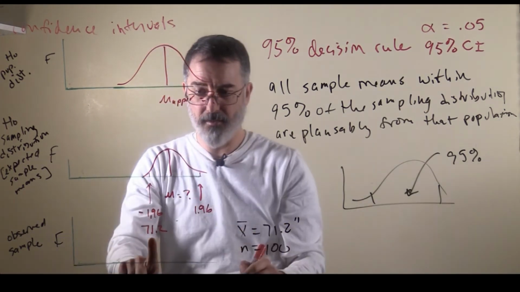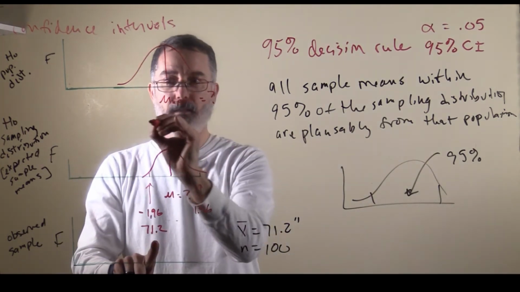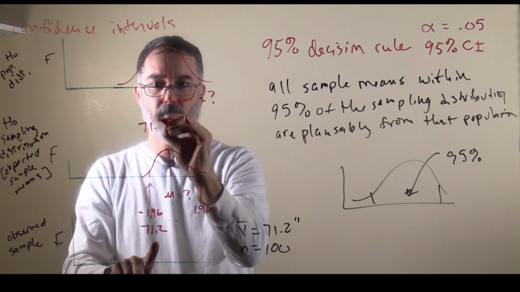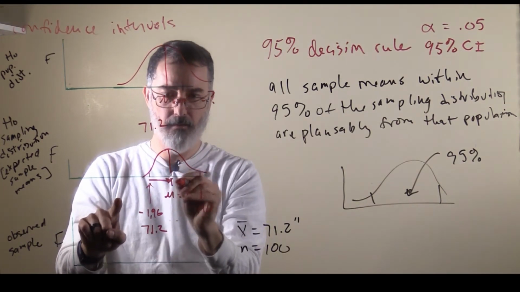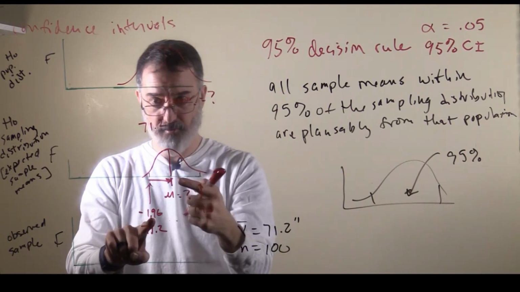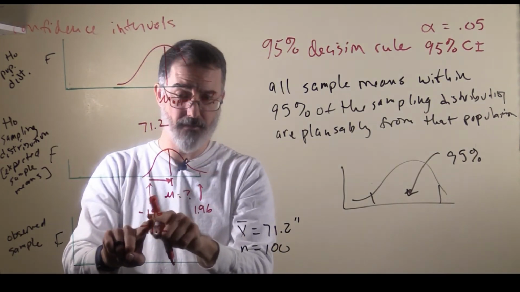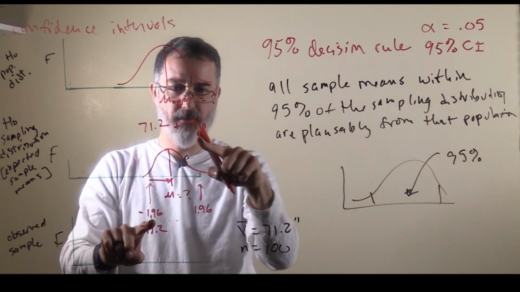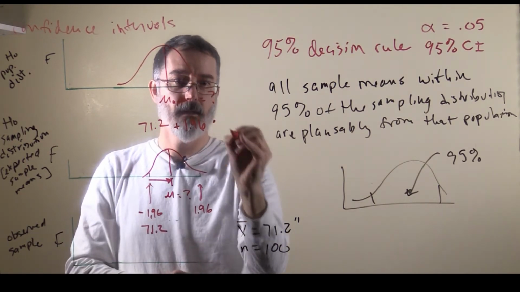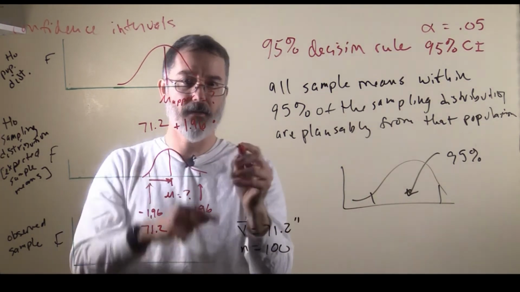In this case, we need to start with our sample mean and go up that far. Well, we know, because this way it was negative 1.96, now we need to go up 1.96. These are standard deviation units, so we need to turn those back into inches. So we have to say how many inches are in each standard deviation.